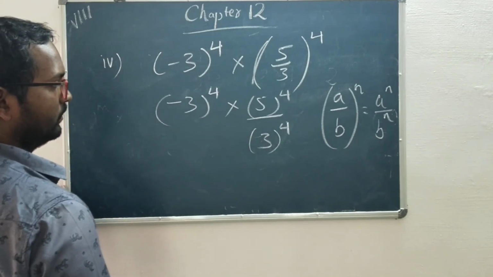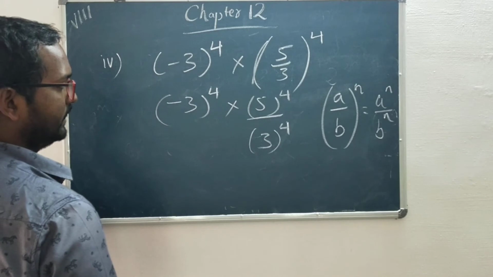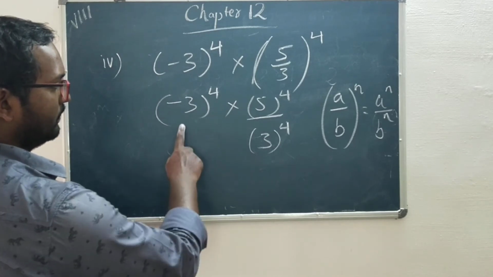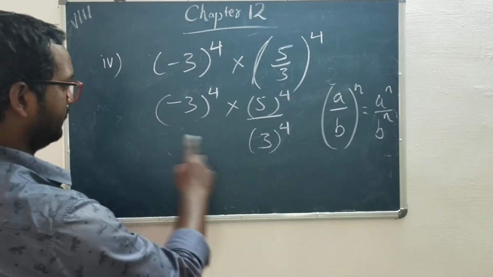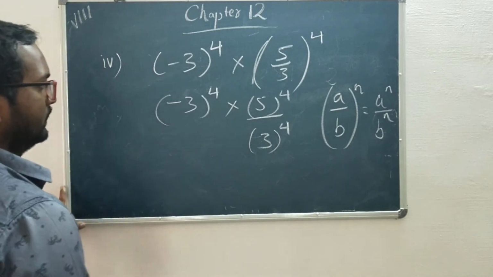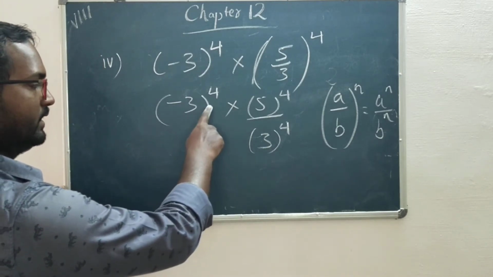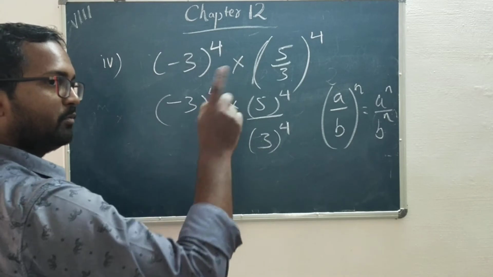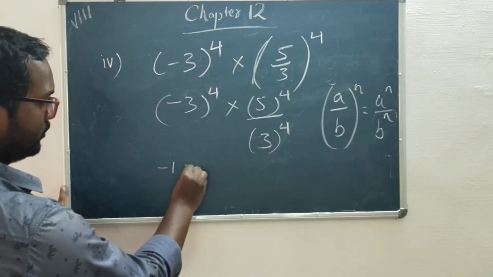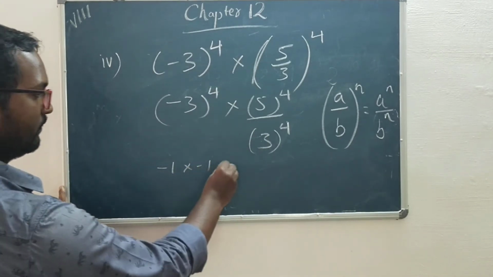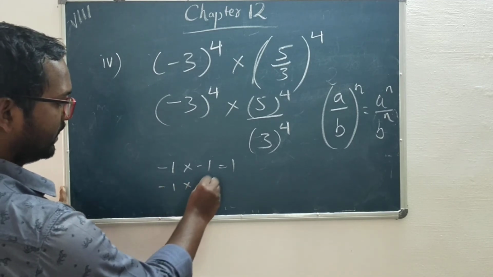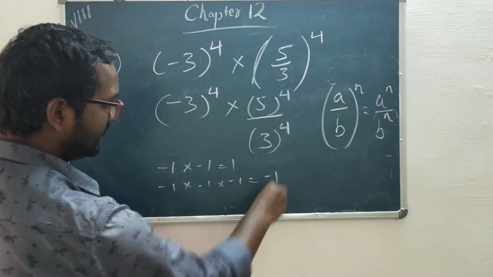Okay, so what we are going to do is, see, if it is minus and the power is even, it's going to be positive. See, minus 1 into minus 1 is 1. Minus 1 into minus 1 into minus 1 is equal to minus 1.